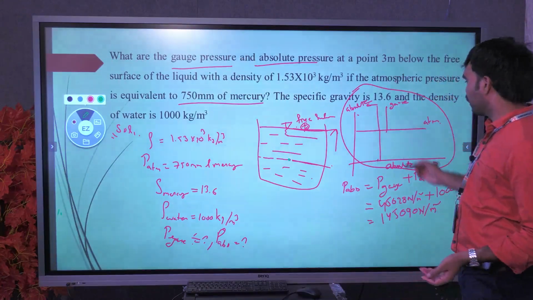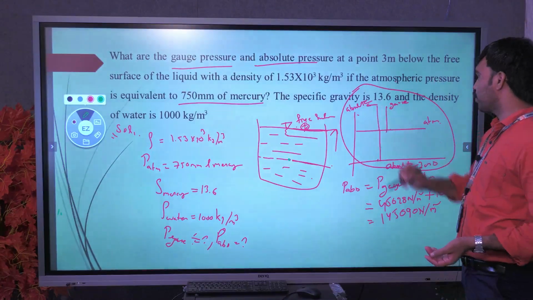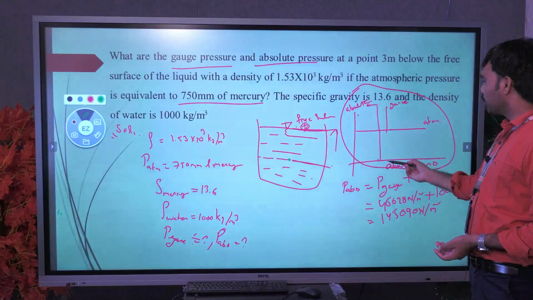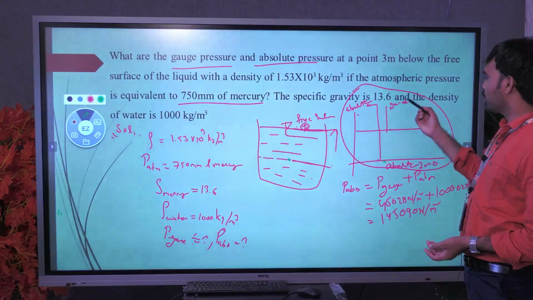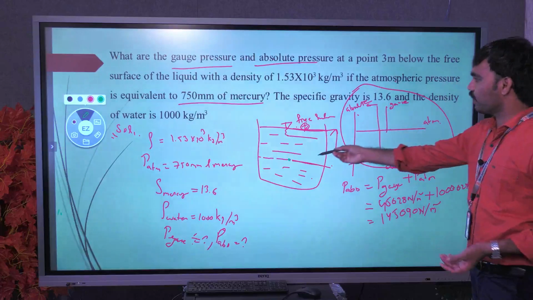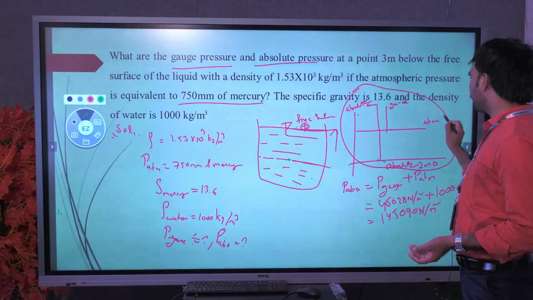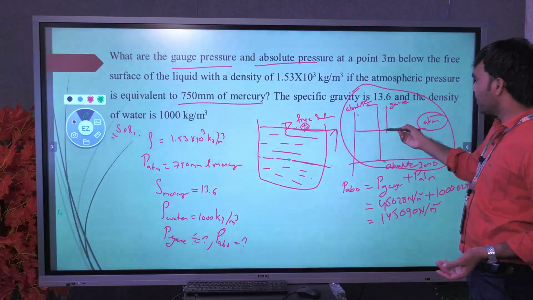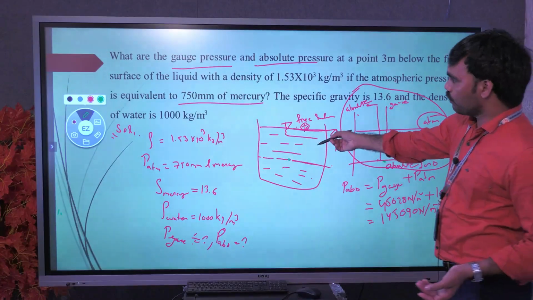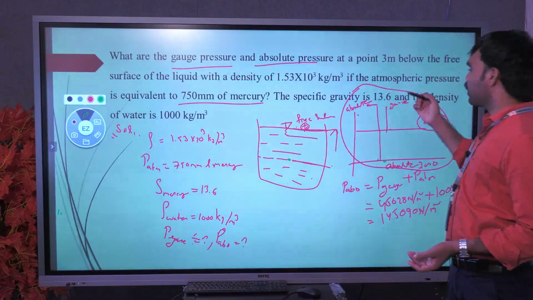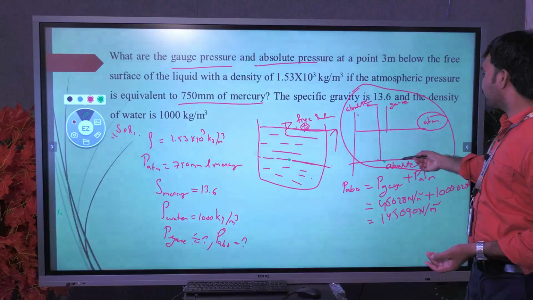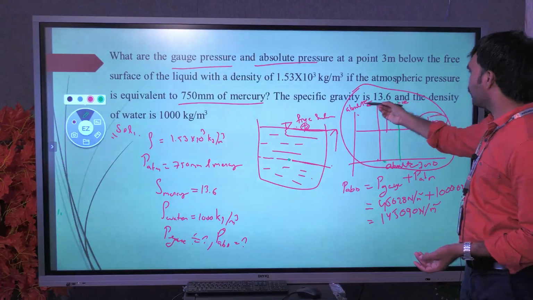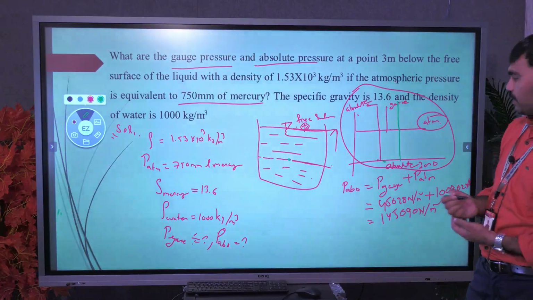Here he asks you to calculate the absolute pressure, that means we measure the pressure with respect to absolute zero. But he has given the atmospheric pressure and the variables to calculate the gauge pressure. If you add atmospheric pressure plus gauge pressure, you will get absolute pressure.